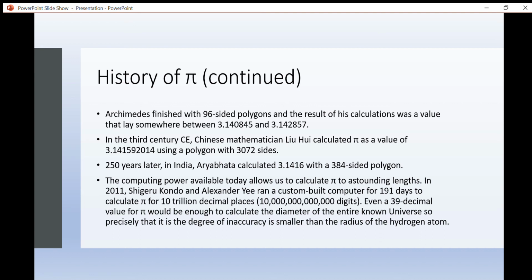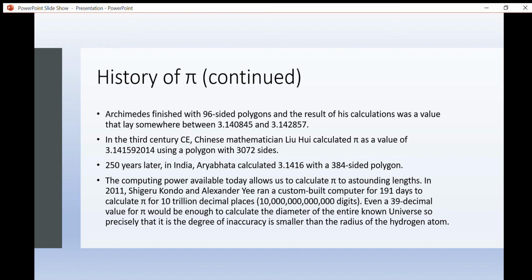The result of his calculations was a value between 3.140845 and 3.142857, which was pretty accurate at the time. In the 3rd century CE, a Chinese mathematician calculated pi as a value of 3.14159214 using a polygon with 3,072 sides.